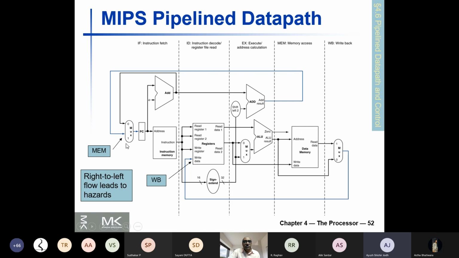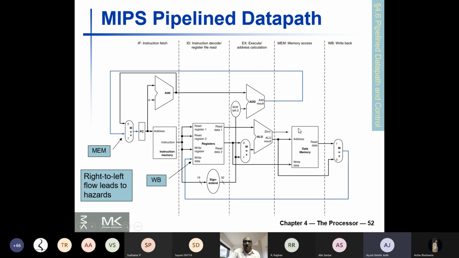Earlier, only after completing the entire execution would the second instruction be fed. But here it's not the case. The first instruction will be taken by the fetching phase and then passed to the next stage. Then immediately the next instruction will be fed in. So the throughput depends upon the pipeline duration: with that time interval, the sequence of instructions will be fed into the pipeline.